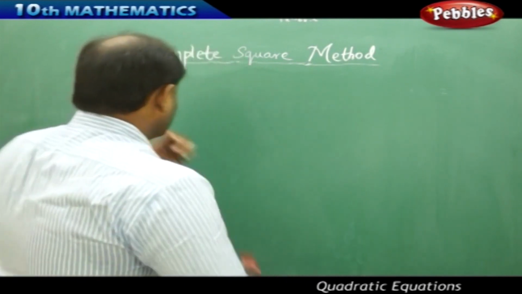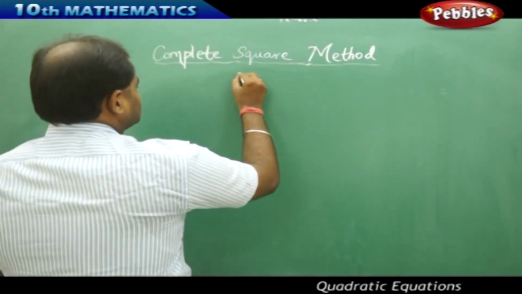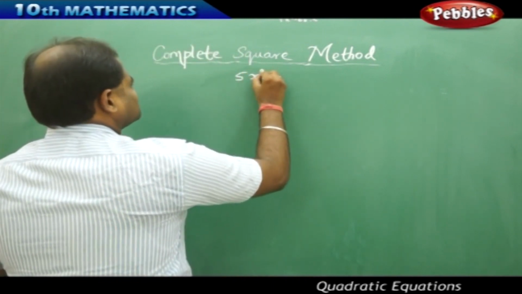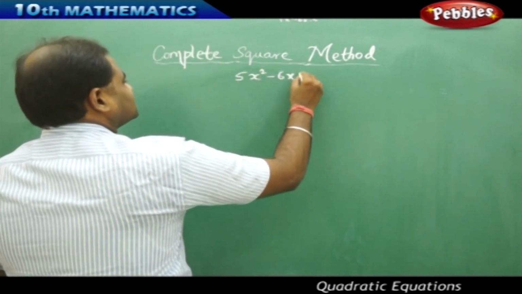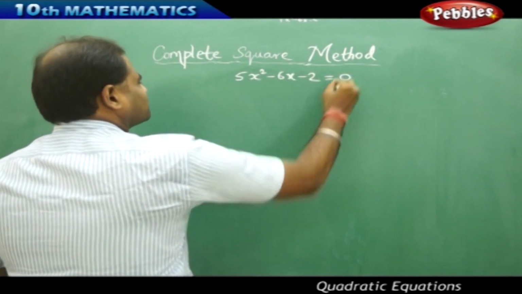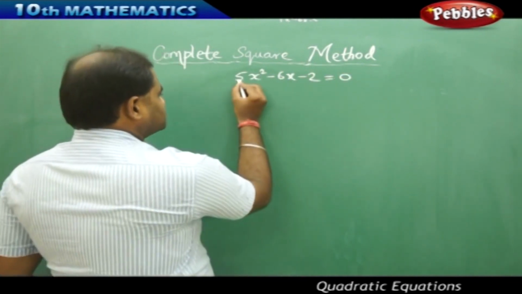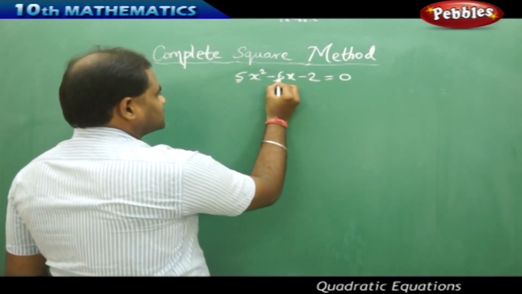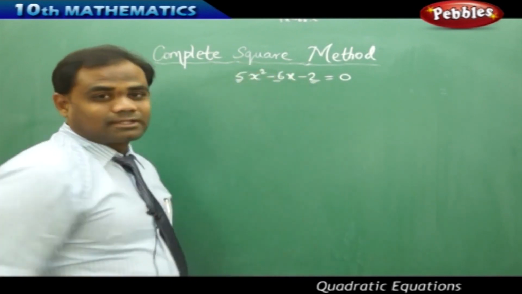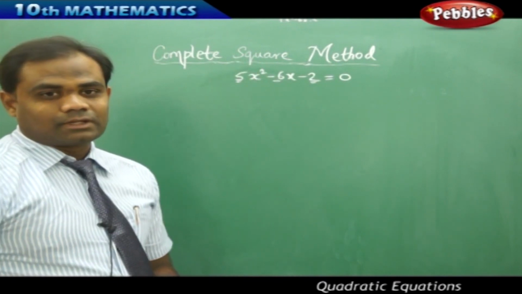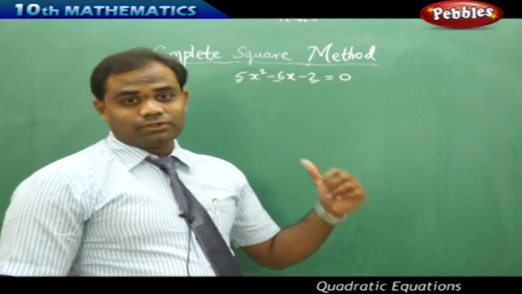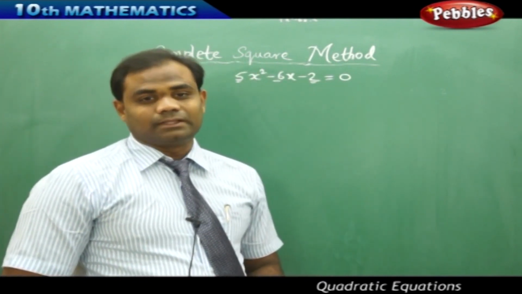So initially, let me take a quadratic equation, say for example 5x squared minus 6x minus 2 equal to 0. I clearly identify here that my coefficient of x squared is 5, the coefficient of x is minus 6, and the constant term is minus 2. Now this I would like to solve using the complete square method.